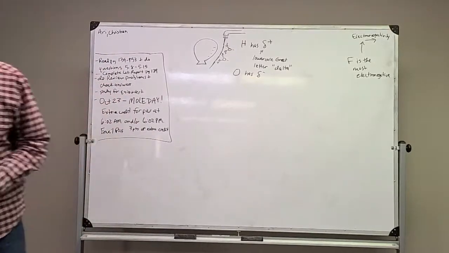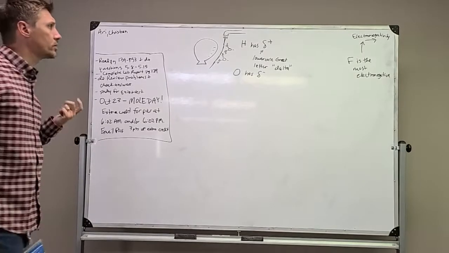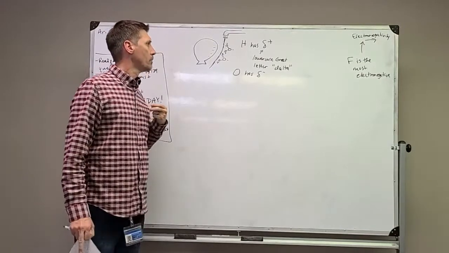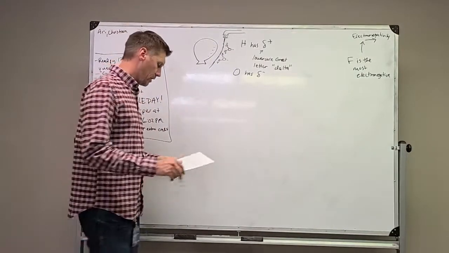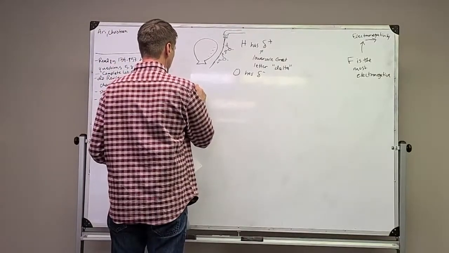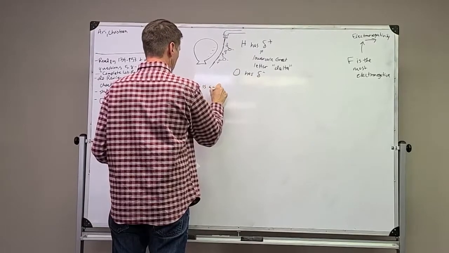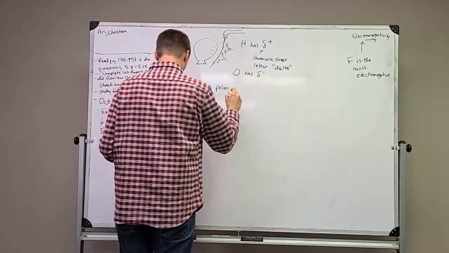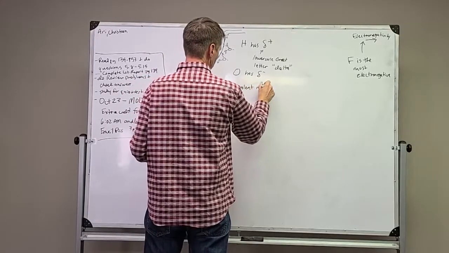All right? So the result, when you've got some element that's more electronegative than the other, is that water is a polar, what we call a polar covalent molecule.